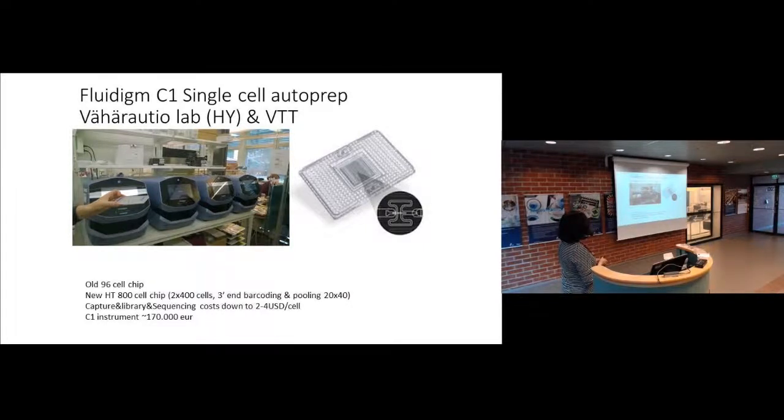So the first chip was the 96 cell chip, so that the cell suspensions go through these quite complex channels, and once there's one cell captured here, the rest of the cells pass by and go through to the next capturing site, and so on until all or most of the capture sites are filled.